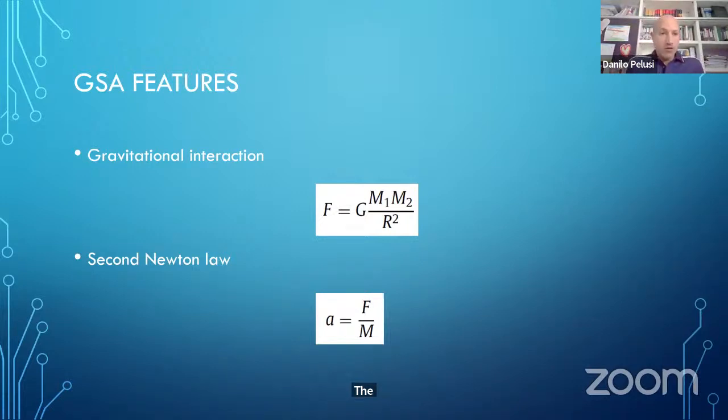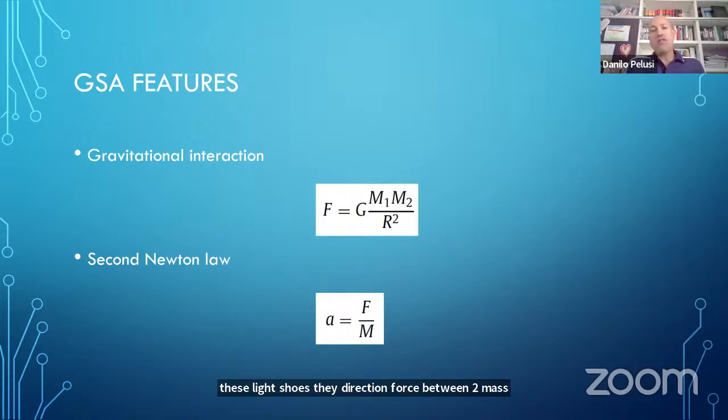The features of the gravitational search algorithm are the gravitational interactions. In other terms, this slide shows the interaction force between two masses at a distance r, and G is the gravitational constant. Whereas Newton's second law states that the acceleration is equal to this interaction force on the mass.